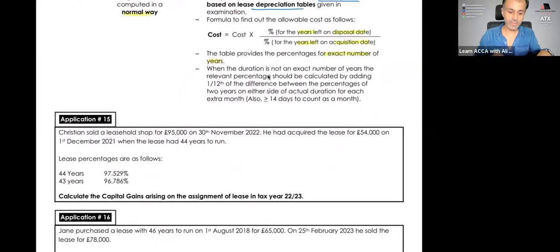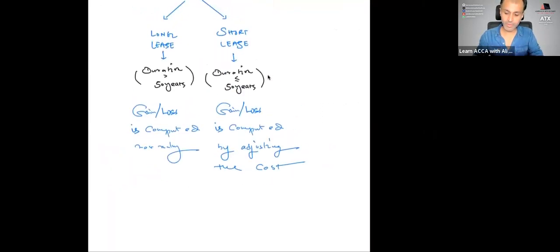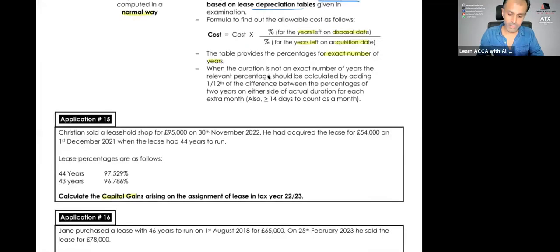Application 15 requires us to calculate the capital gains on the assignment of the lease in the tax year 22-23. So here we are, application number 15. Christian sold a leasehold shop for £95,000 on 30th of November 2022.